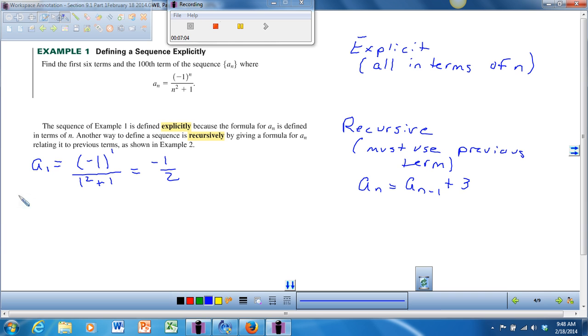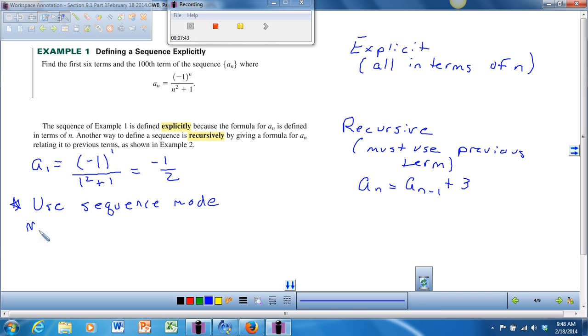So this is a good spot for us to talk about our calculator in sequence mode, because sometimes it's easier to use that. So take out your calculators, please. If it is a calculator active problem, sequence mode could be helpful, especially when you have to get 6 different terms. All right?